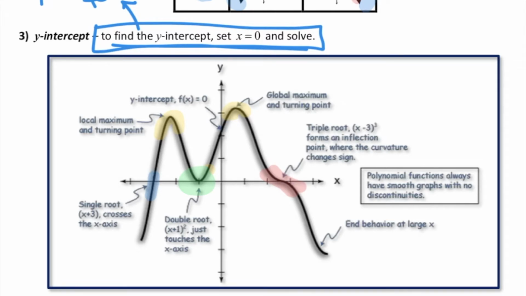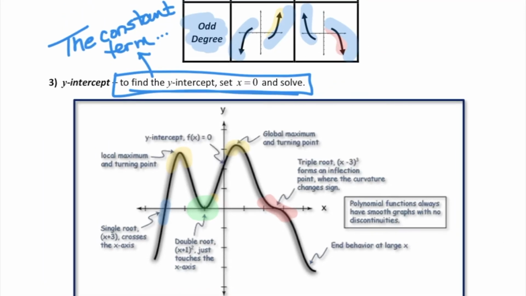And this picture also gives you an idea of the end behaviors, that in this particular graph, both ends are going down. And it says at large x, and I like that wording here because that just means as x goes to infinity. So as x goes to positive infinity, you're saying that you've got numbers that are getting really negative really fast.